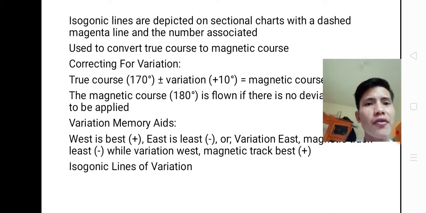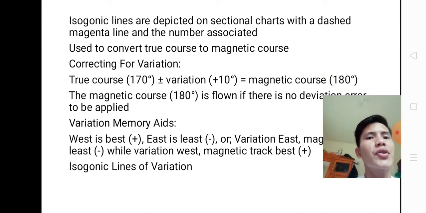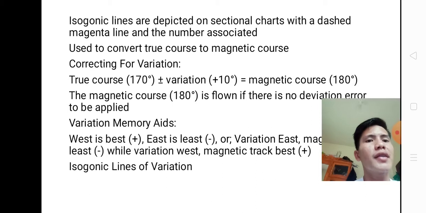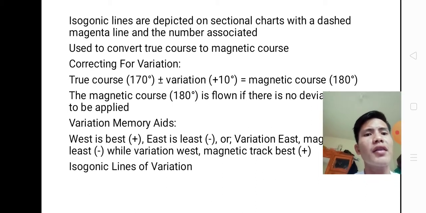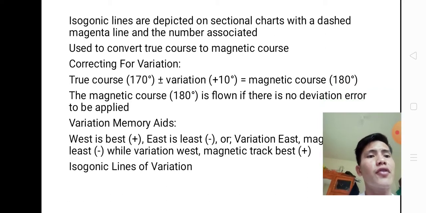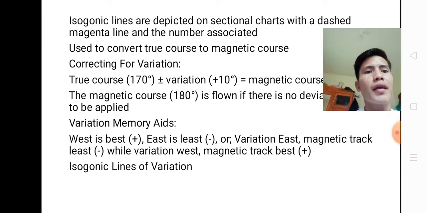So, correcting for variation: true course 170 degrees, plus variation of negative 13 degrees, equals magnetic course 180 degrees. The magnetic course of 180 degrees is flown if there is no deviation error to be applied.